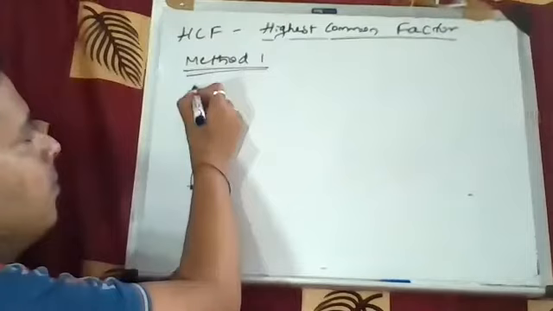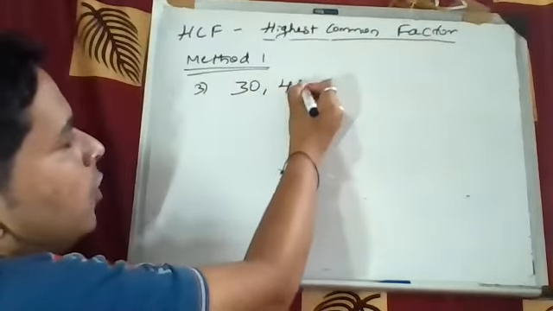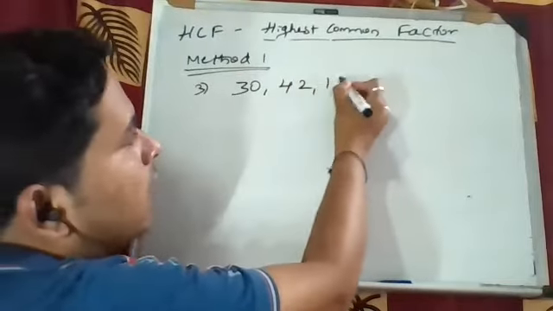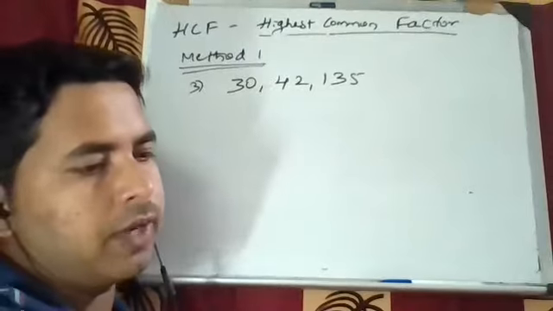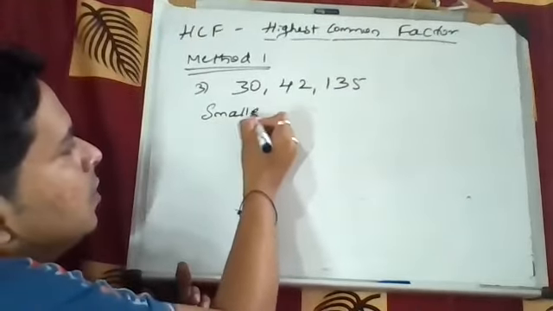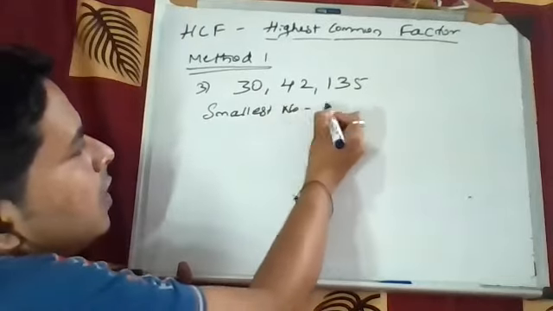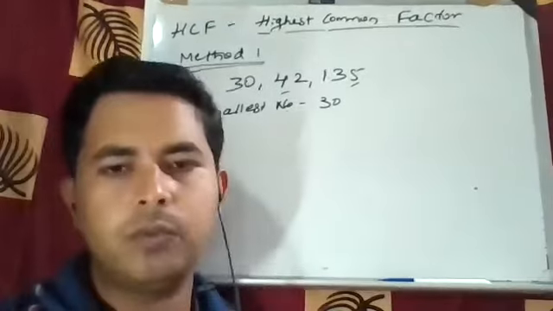Here, the third example is 30, 42 and 135. Okay, 30, 42 and 135. So here the smallest number is 30. But 30 never divides 42 and 30 never divides 135.